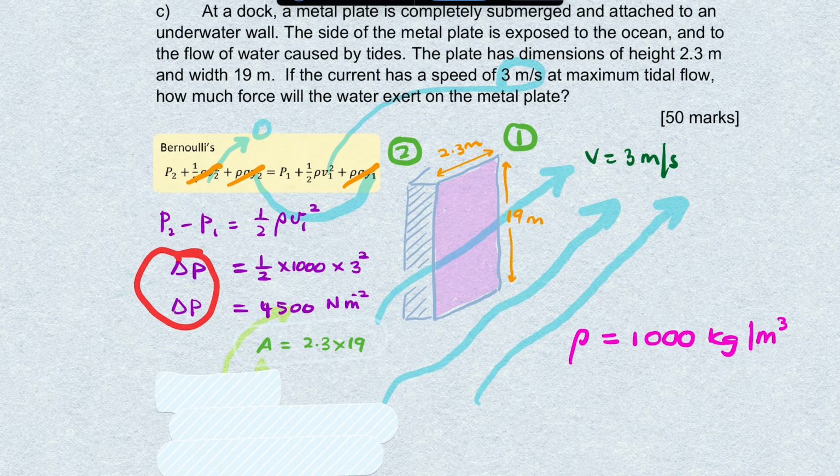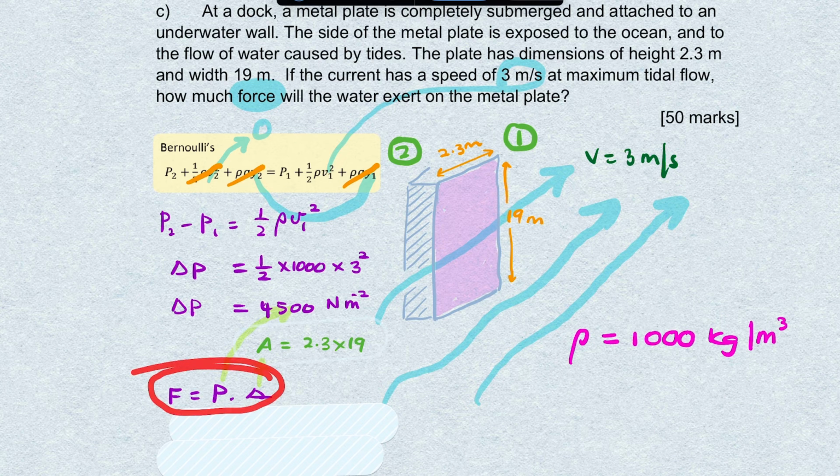Why is that useful? Because the question is asking for the force, and force is pressure times area. We've just found the pressure, and the area is really easy because it's a rectangle, so you just multiply the length times the width.